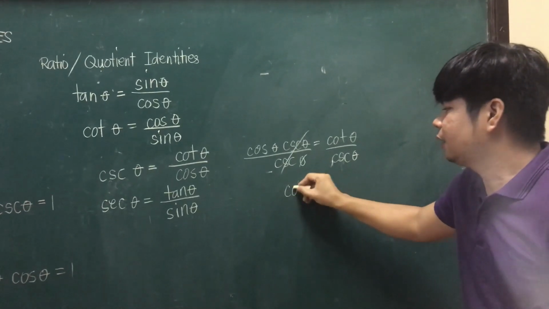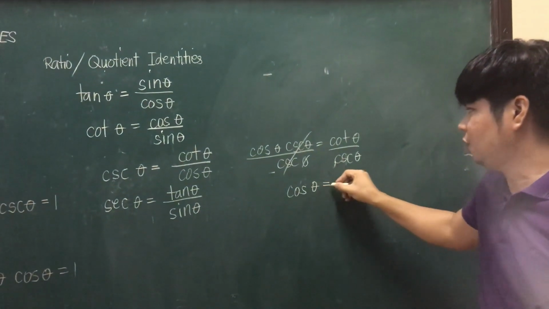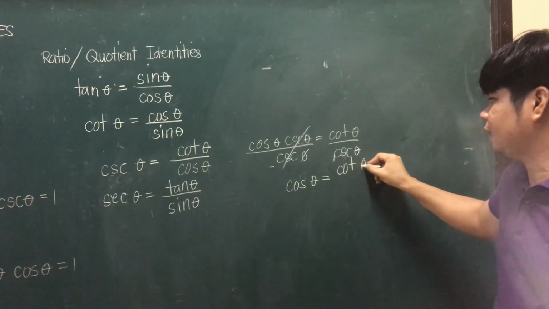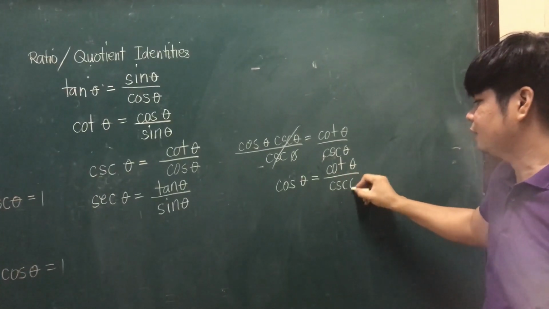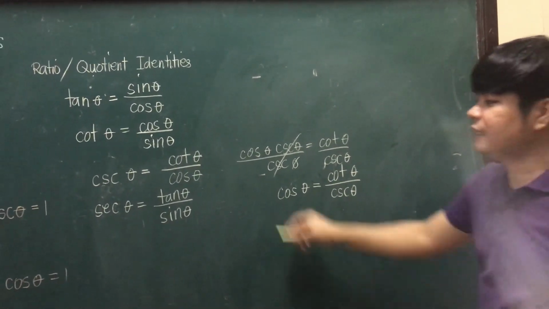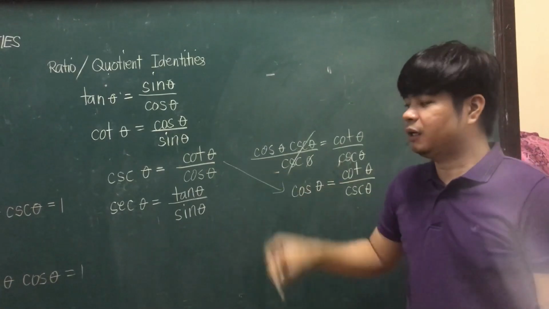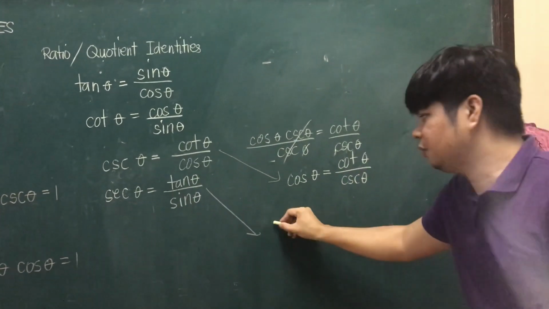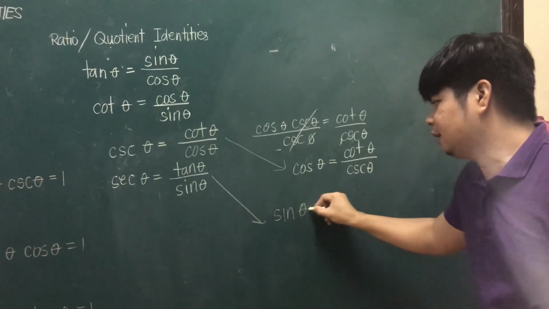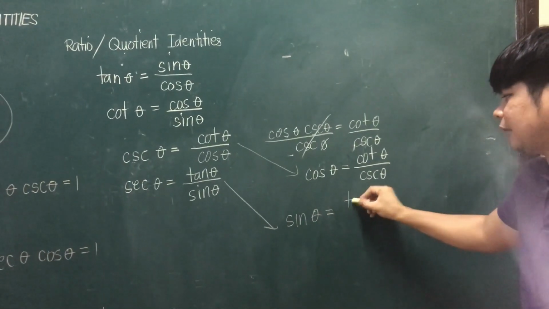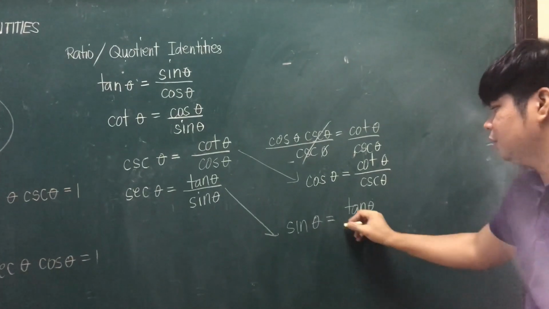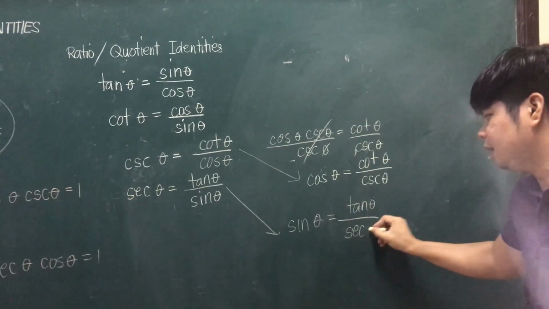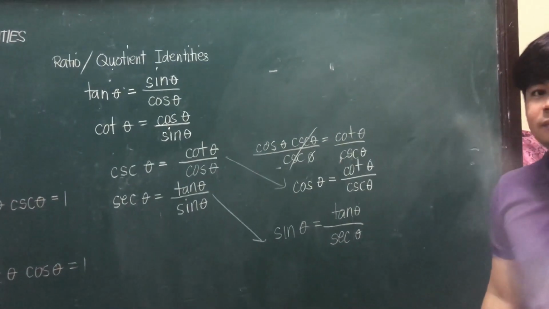So here, we have cosine theta is also equal to cotangent theta over cosecant theta. That is from here. So from this identity, we can say now that sine theta is equal to tangent theta over secant theta.